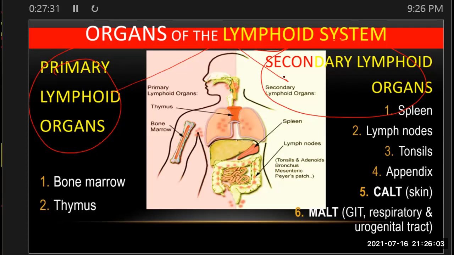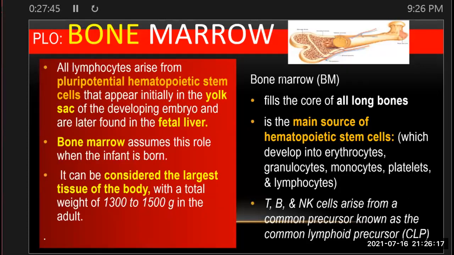MALT may or may not have associated afferent or efferent lymphatics. Tonsils, adenoids, and the appendix are also considered a part of the MALT, and Peyer's patches are a type of MALT around the small intestine. The primary lymphoid organs are where lymphocytes are formed and mature, through maturation, differentiation, and proliferation. They provide an environment for stem cells to divide and mature into B and T cells.